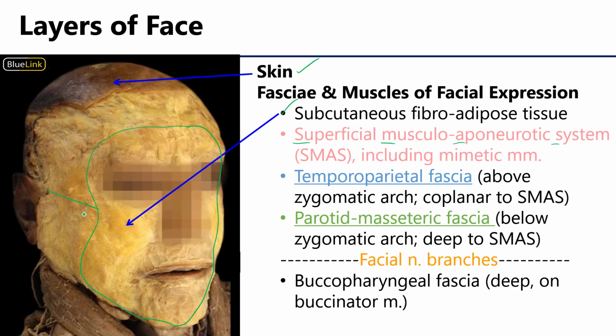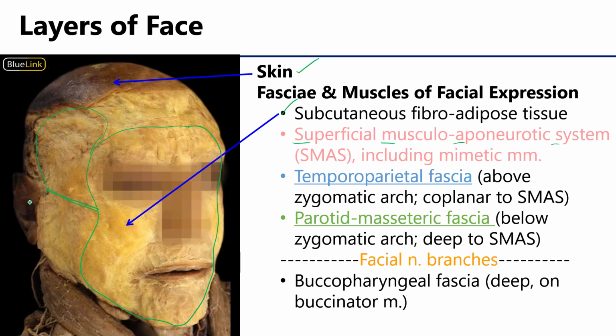The zygomatic arch is, as I'm indicating here with this green line, above the zygomatic arch and coplanar, or in the same level as the SMAS, is the investing fascia of the temporalis muscle that is above the temporal and parietal bones.